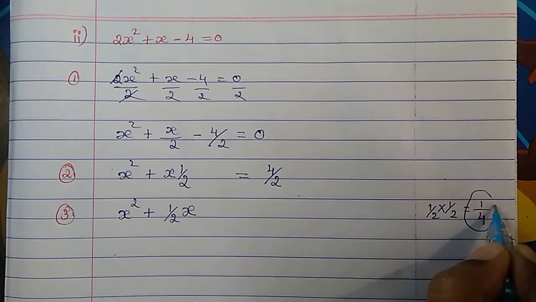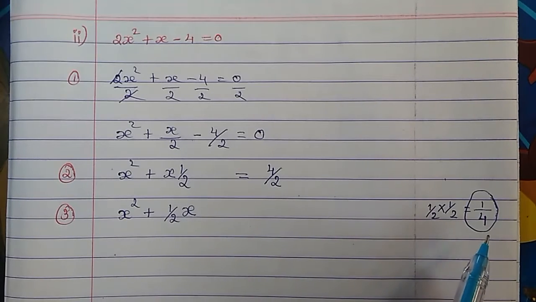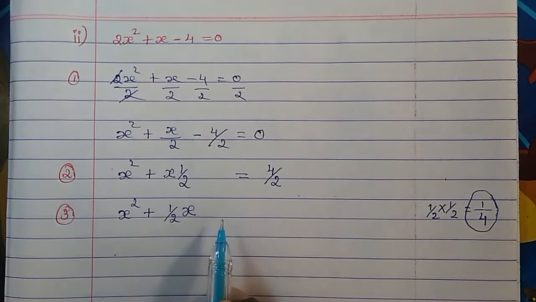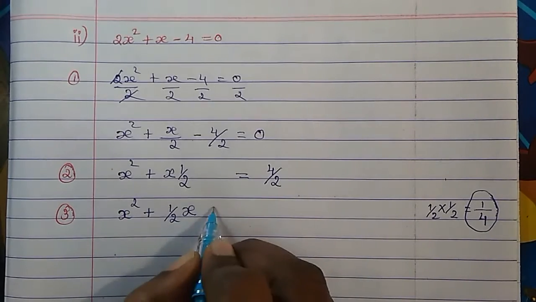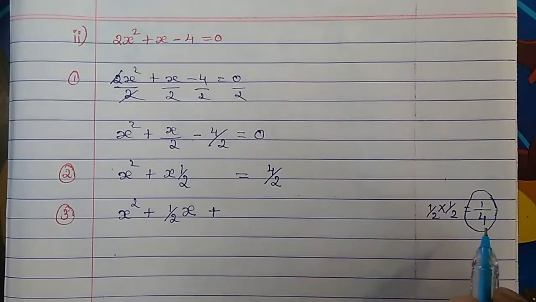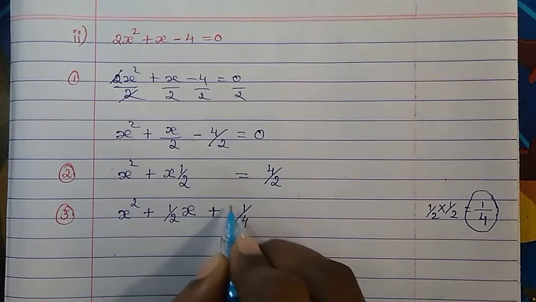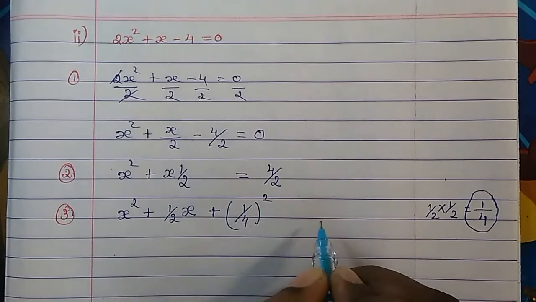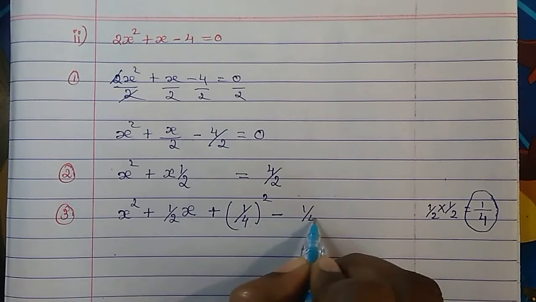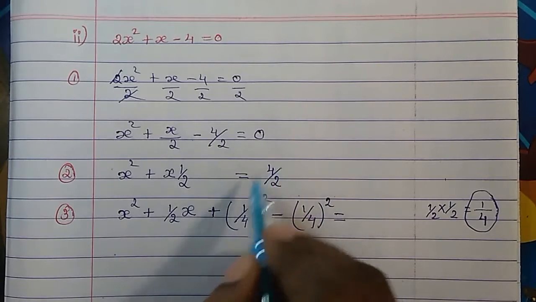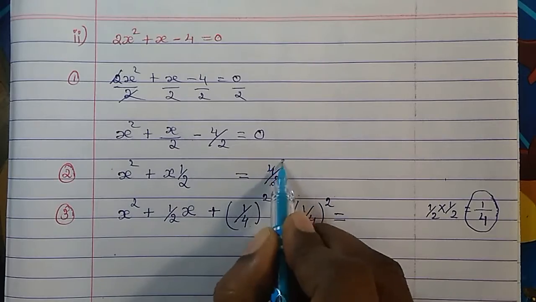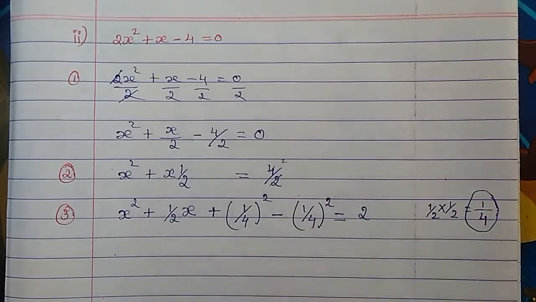Now the square of it, you will add once and subtract once. So first you add 1 upon 4 square, then subtract the same thing. Then equal to, this can be simplified, 2 twos are 4, so we will get 2 here.